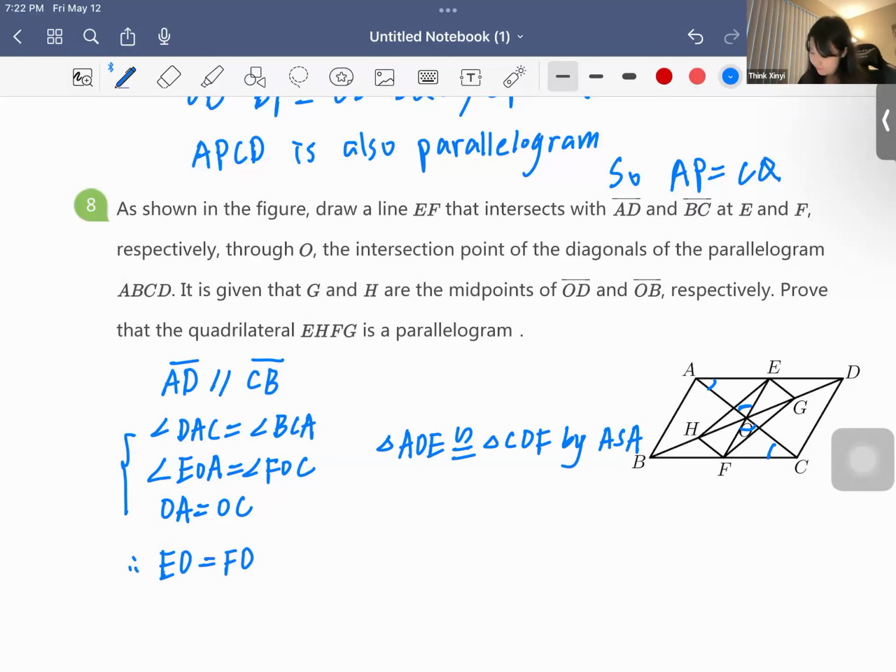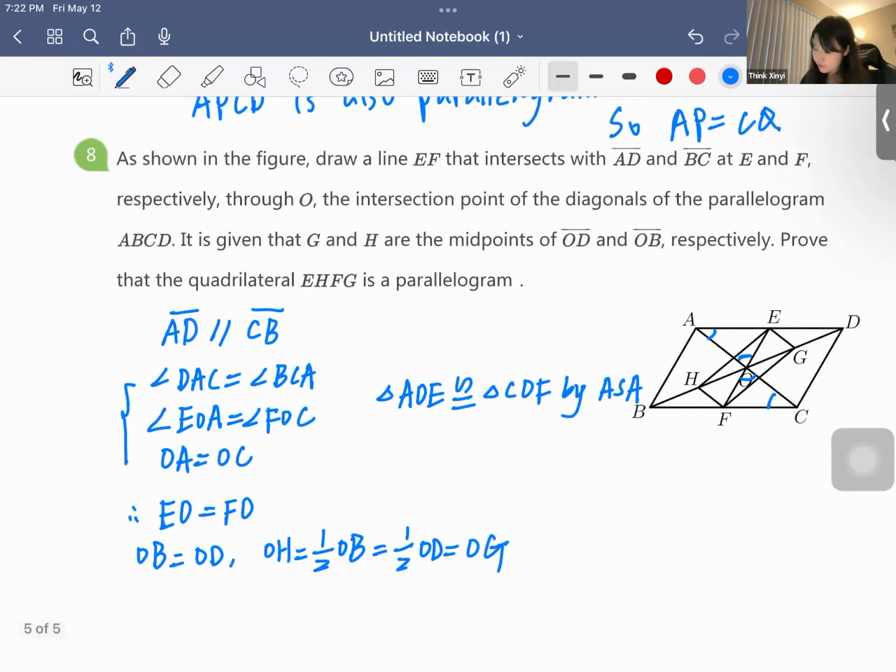And since we have OB equals OD, and we know H and G are the midpoints of OB and OD, we can have OH equals 1/2 of OB equals 1/2 of OD equals OG.